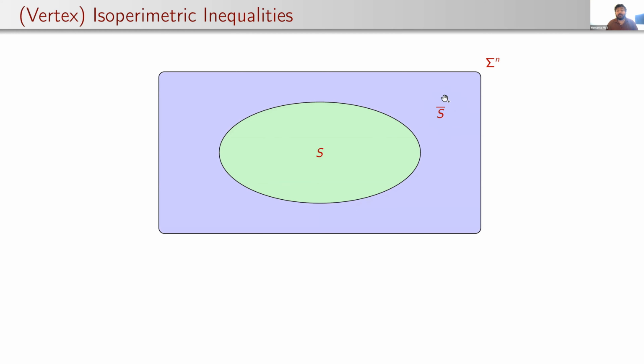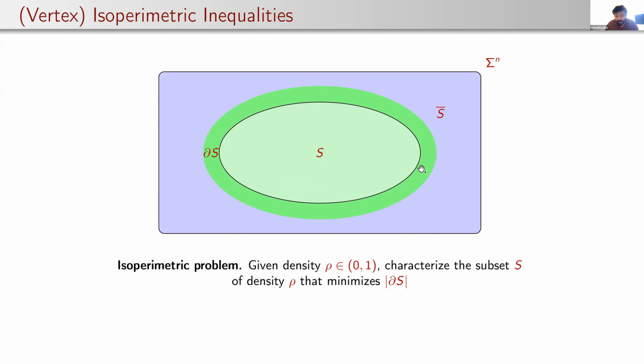Then we have the complement of the set defined as S complement, represented here by purple. The vertex perimeter of the set S is the set of points lying in S complement that are neighbors of points in S. So let me define neighbor. Two points are neighbors if you can change one coordinate to move from one point to the other. So del S represents the perimeter, I will call it the outer perimeter of the set S.